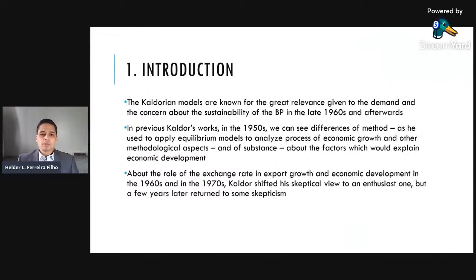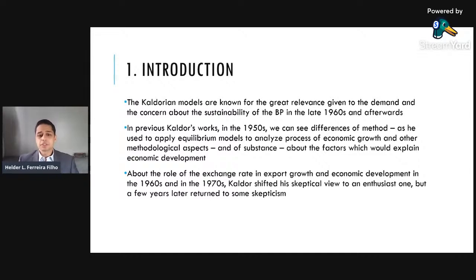First, it's important to know that the Kaldorian models nowadays are mostly known for the relevance given to the demand side of the economy and the concern about the sustainability of the balance of payments in the late 60s and afterwards. But in previous Kaldor works, like in the 50s, we can see some difference of method, as he used to apply equilibrium models to analyze processes of economic growth, and also of substance, about the factors which would explain economic development.